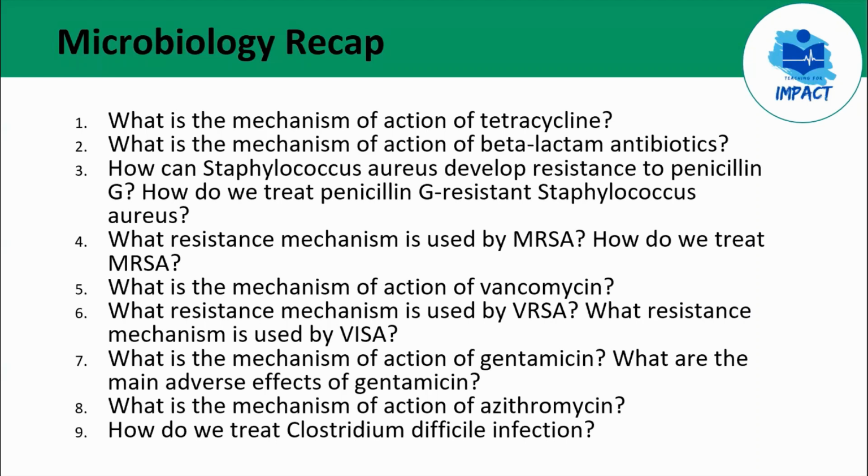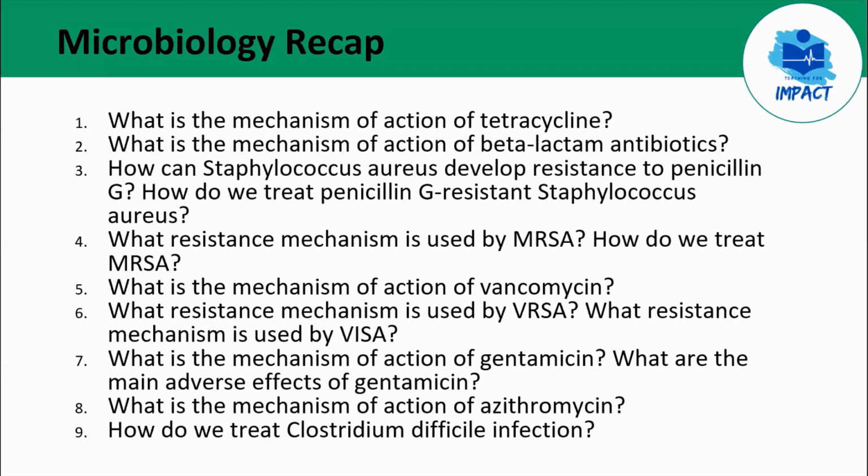MRSA produces an altered penicillin binding protein called PBP2A, and we treat MRSA using vancomycin. And vancomycin works by binding to the D-Ala-D-Ala at the end of the peptidoglycan building block to prevent further addition of penicillin binding protein.